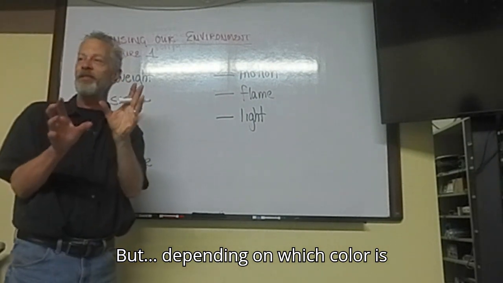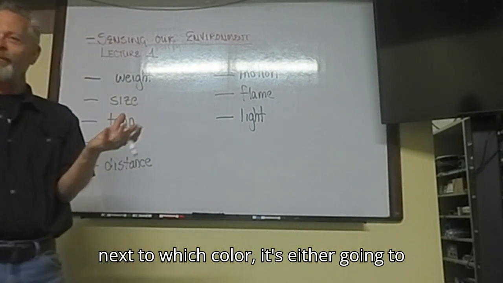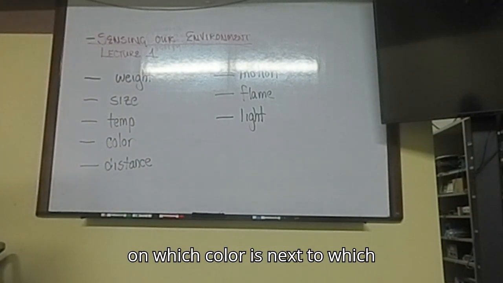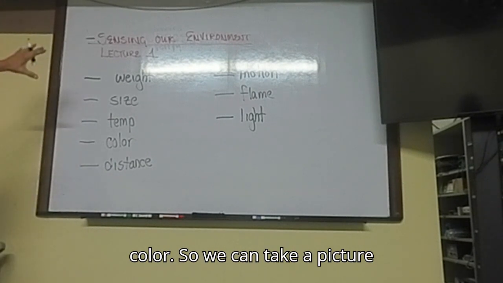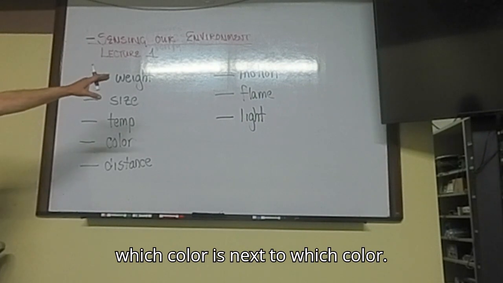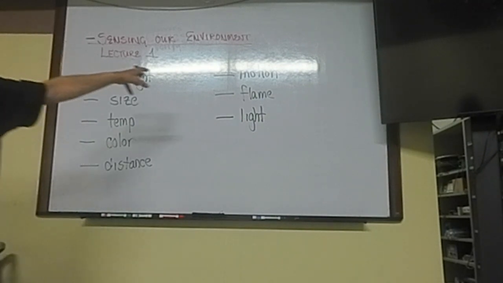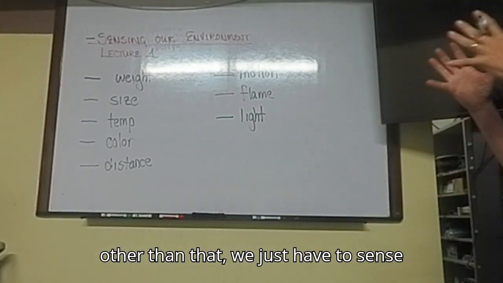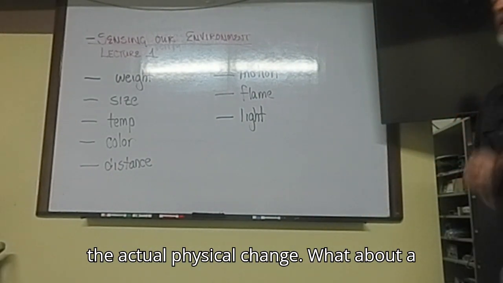Depending on which color is next to which color, it's either gonna bite you and you're gonna laugh at it, or it's gonna bite you and you're gonna go to the hospital. So we can take a picture and then use a computer to determine which color is next to which color. So we don't have to look at anything other than that. We just have to sense the actual physical change.